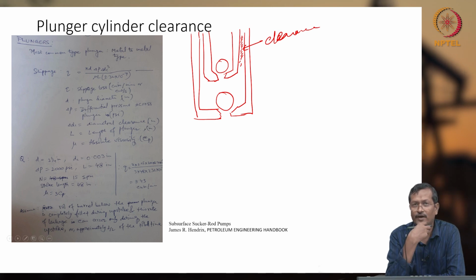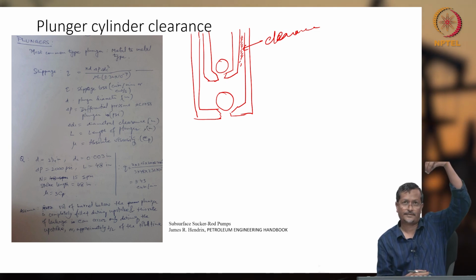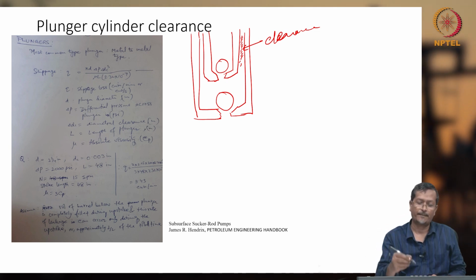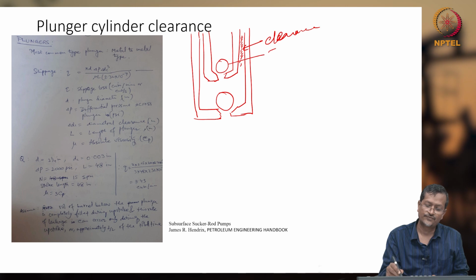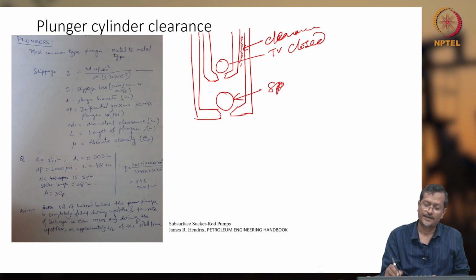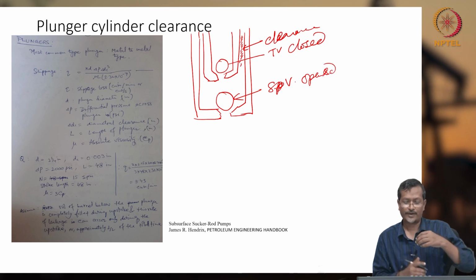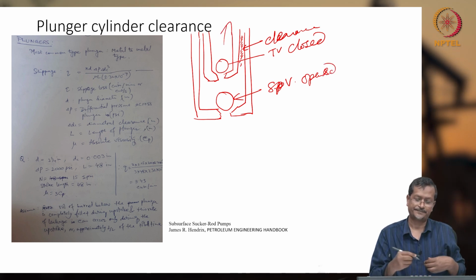So if you have clearance, that means there will be leakage. When the piston is trying to move up, what will happen? The TV closes and the SV opens, right? SV opened when the piston is moving up.